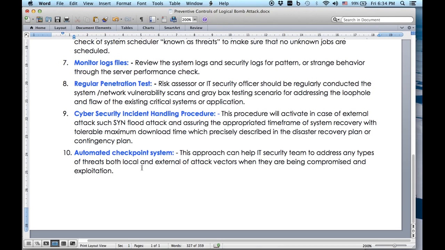So this approach can help the IT security team, or the IT independent review team like IT assurance or IT compliance, to address any type of threat, both local and external attack vector, when the critical system is being compromised or exploited.